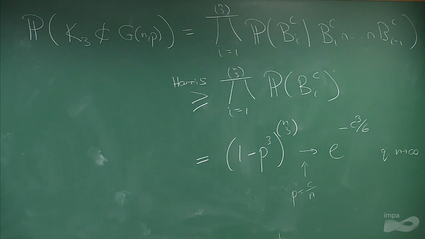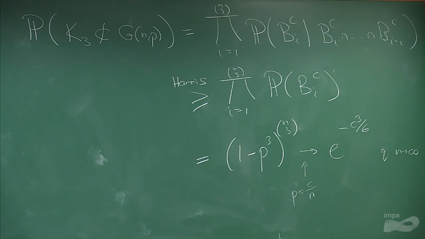The setup is very similar to this, but let me do it in slightly more generality. I'm going to have sets A_1 up to A_M, subsets of [N].